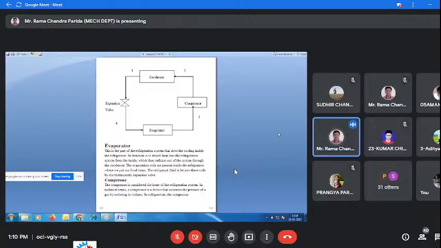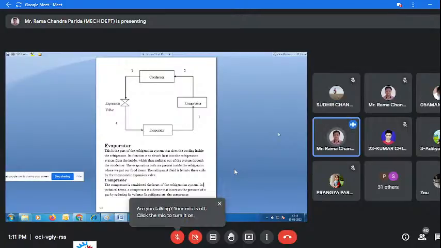Then it passes through an evaporator, and when it passes through the evaporator, it extracts heat from the space that needs to be cooled. And when that heat absorption takes place, your space becomes cool.